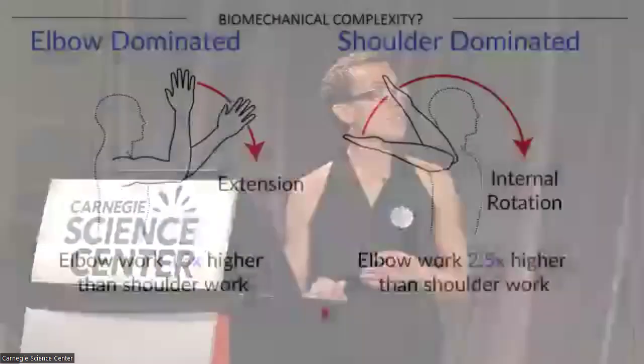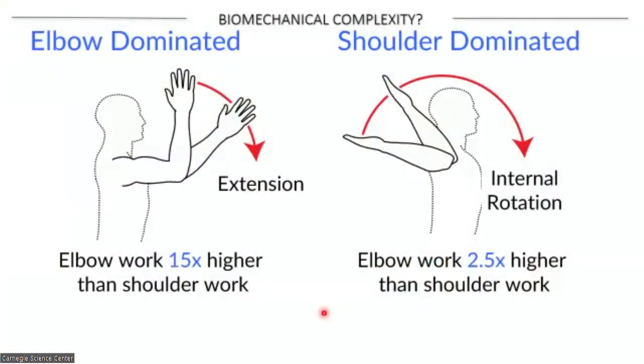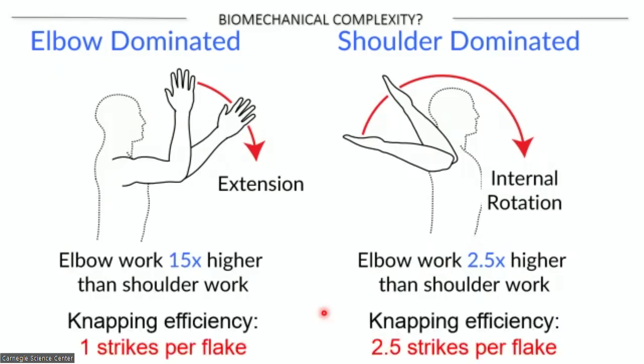And when they do so, they're generating just an outrageous amount of work at the elbow, which is then being passed on to the wrist. And those beneficial torques are making the wrist in the elbow-dominated strategy reach really high linear and angular velocities. And that's resulting in higher strike force.